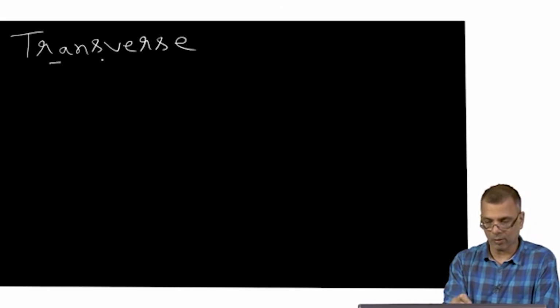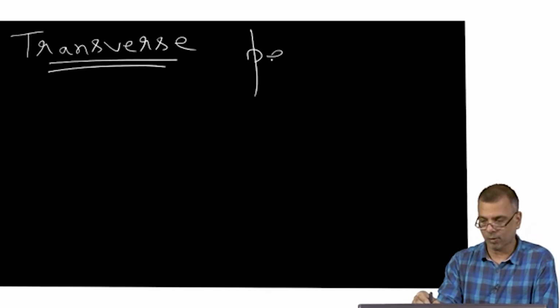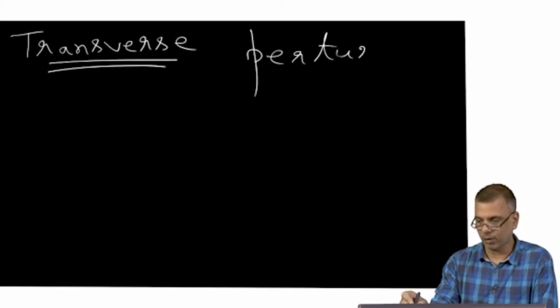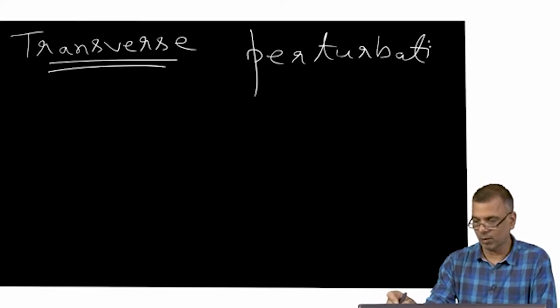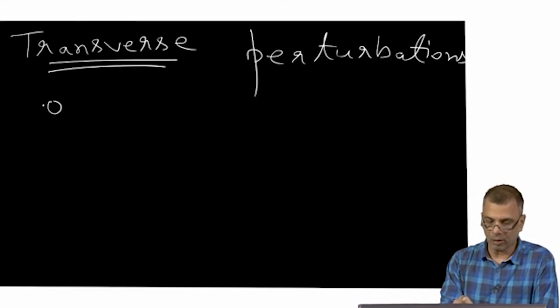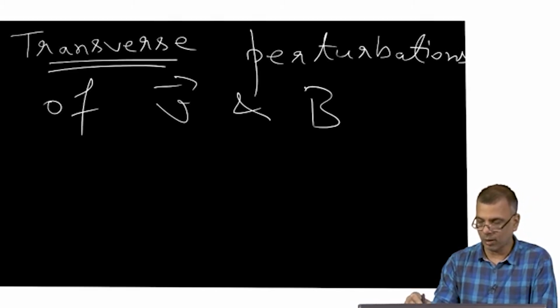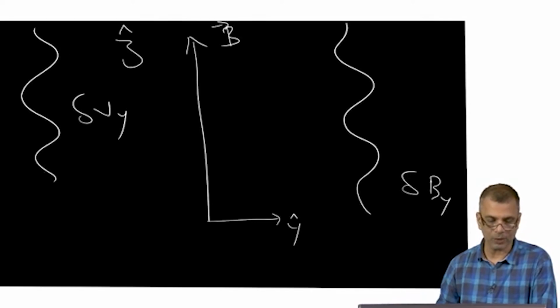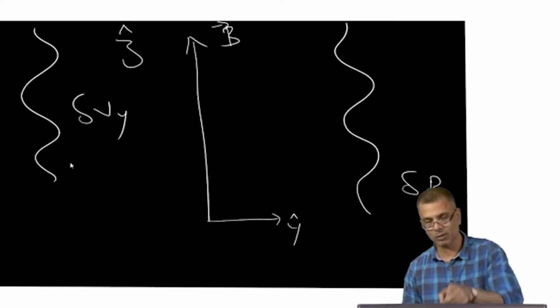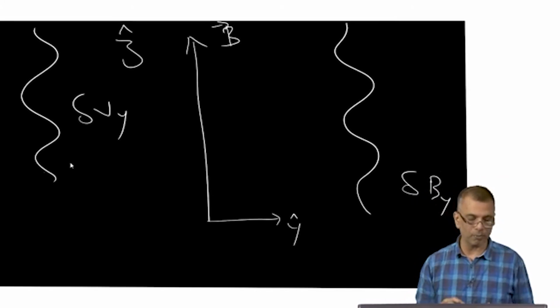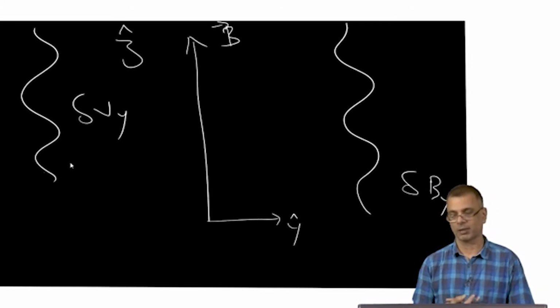We are talking about perturbations of V and B. That is what one means by this. Transverse to what? Well, transverse to the uniform magnetic field direction.